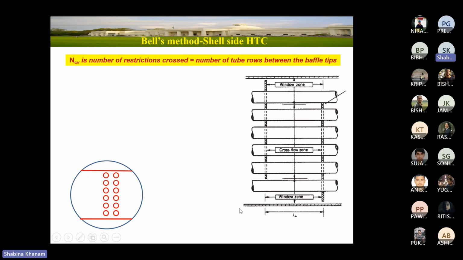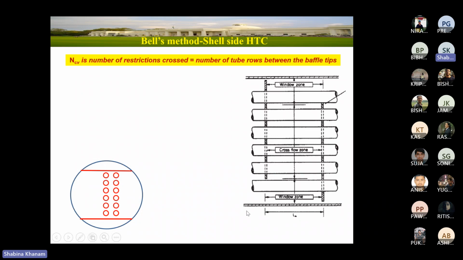So this cross flow zone is available from here to here. In between, the fluid flow of shell and tube will cross each other. And between the baffle tip and the shell, this is the window zone.